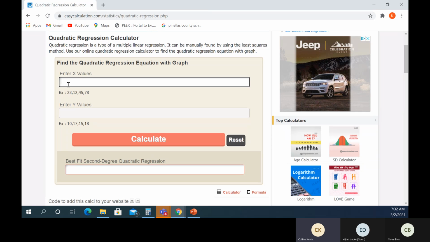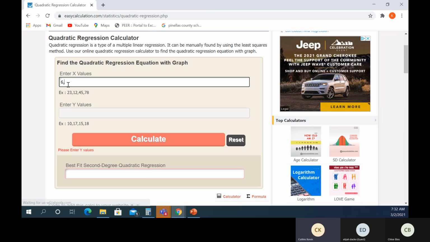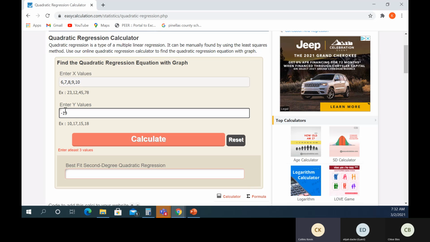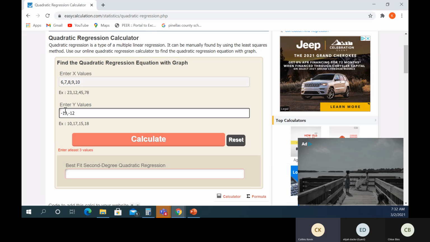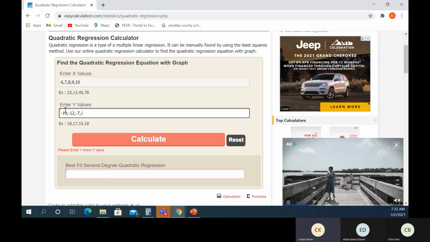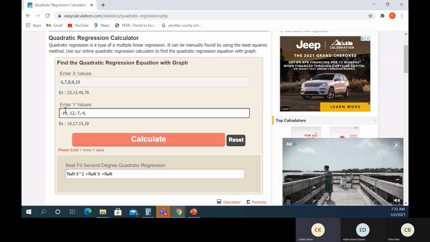All right, so our first one, this is easy. We just got 6, 7, 8, 9. Then for the y values, we've got minus 19, minus 12, minus 7, and minus 4.